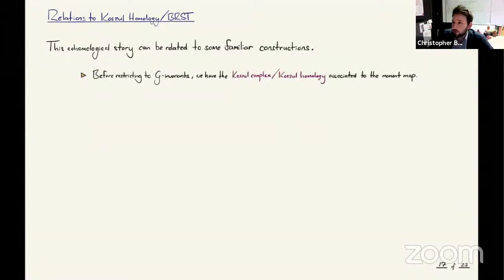Before taking into account the restriction to G invariance, this complex that I've defined is exactly the Koszul complex associated to the moment map. So what I'm doing is looking at some sort of G invariance of the Koszul homology associated to the moment map of this theory.